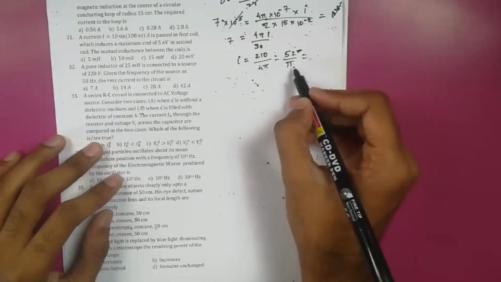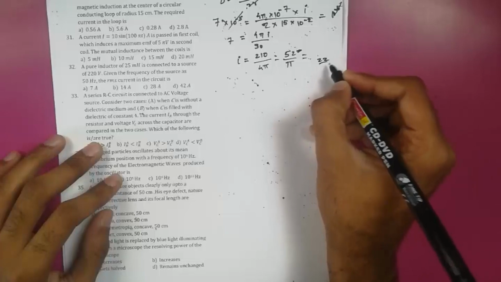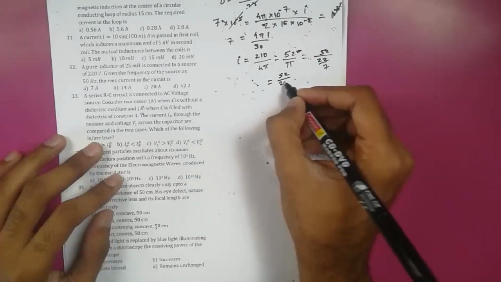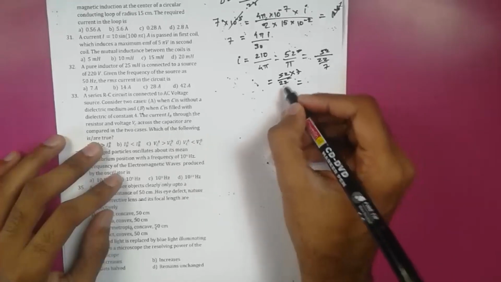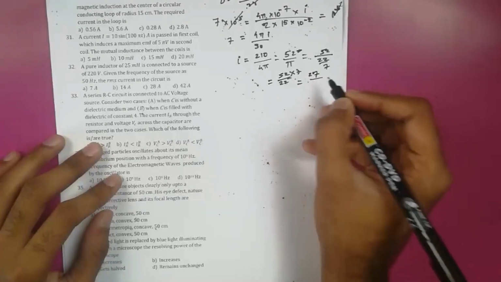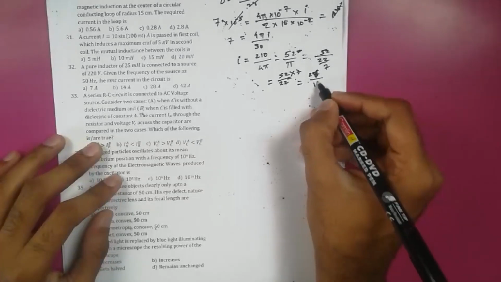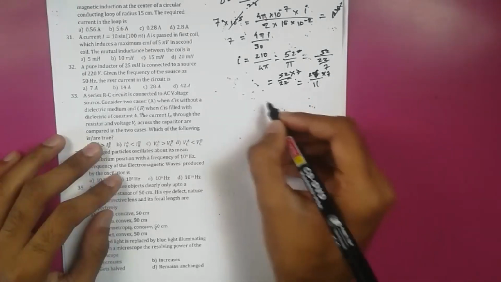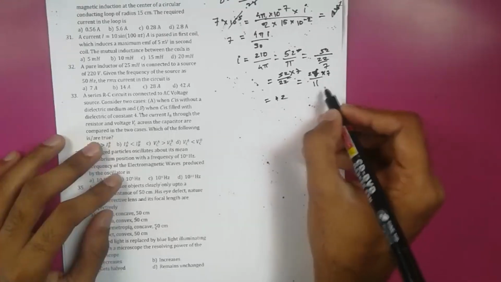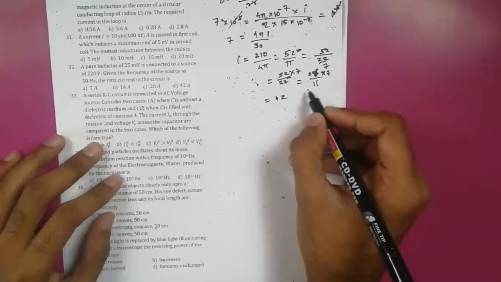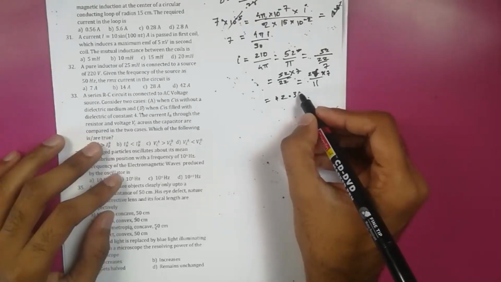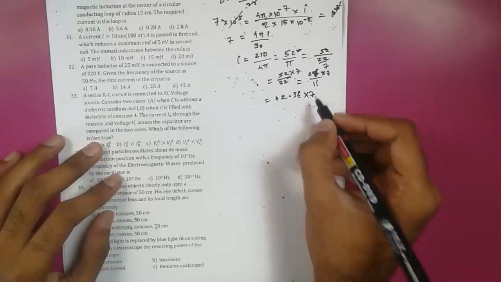Let's consider this as 22 by 7, and we calculate it.